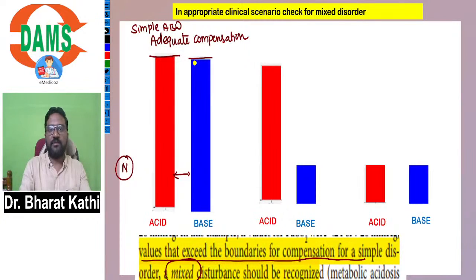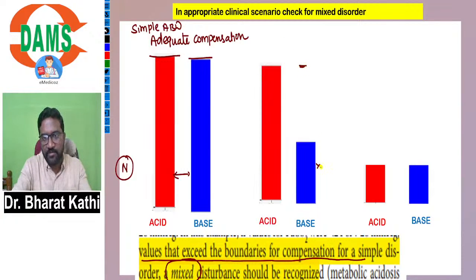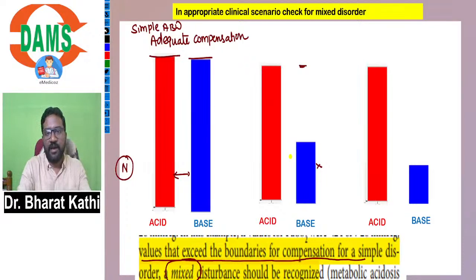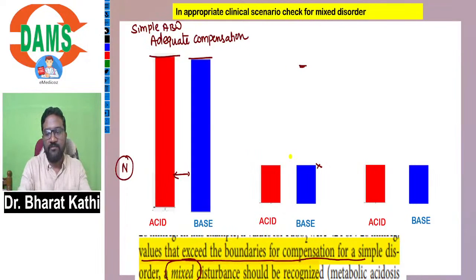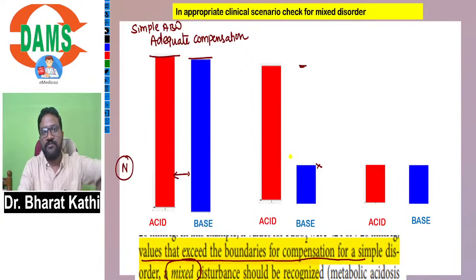Now acid has increased to this level. So this is the second scenario. Now base has started to increase, but it is not reaching this level. You see, previously base was here. As acid increased, base should come to this level. But base, because of some problem, has not increased.